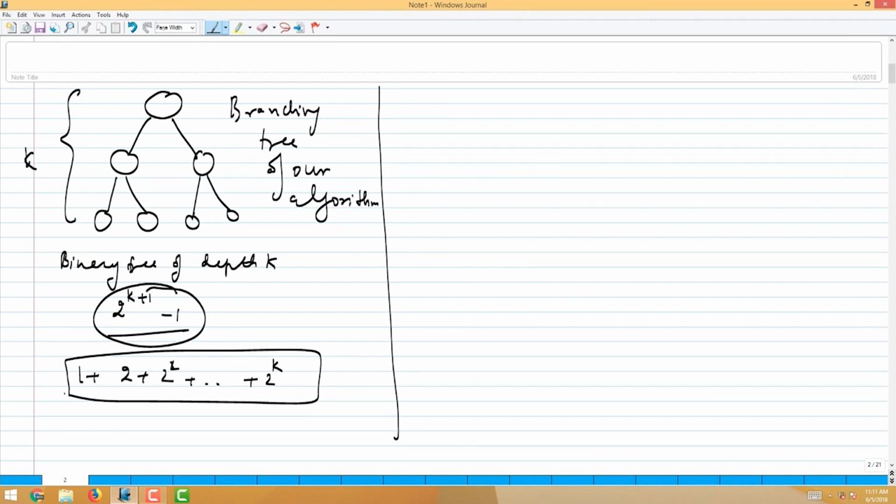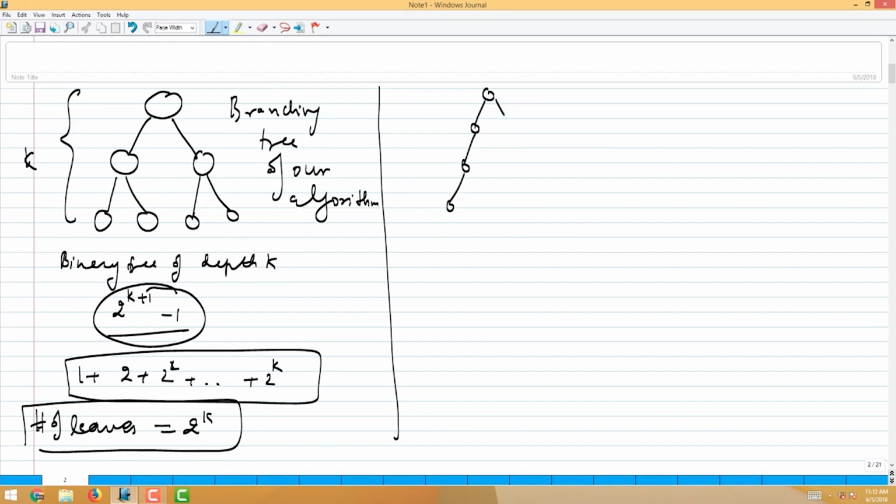Another way of getting this bound could be, suppose I tell you that the number of leaves in this tree is 2^k, then can you bound the number of nodes in this tree? Do you know of any relation between the number of leaves in a tree and the number of internal nodes?